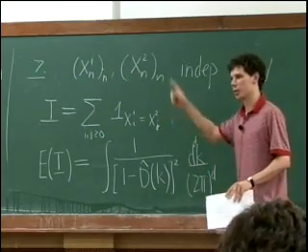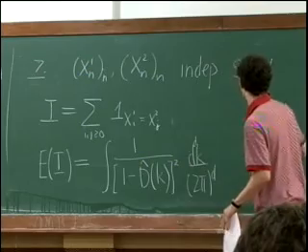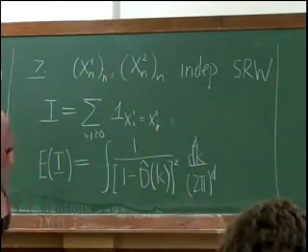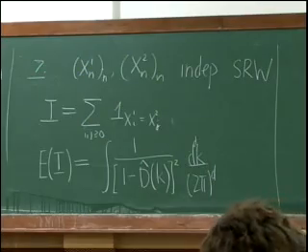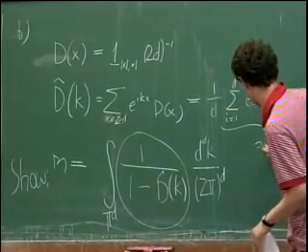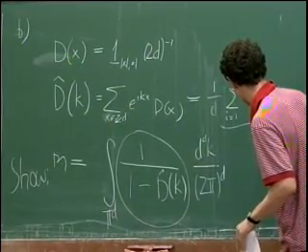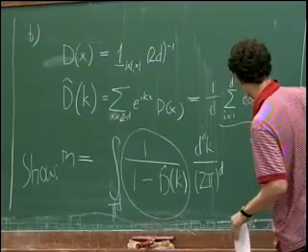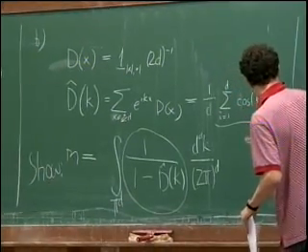And it can be seen very similarly to before. The take-home message from this calculation is that 1 minus d hat of k is the same as 1 over 2d k squared plus higher order terms.